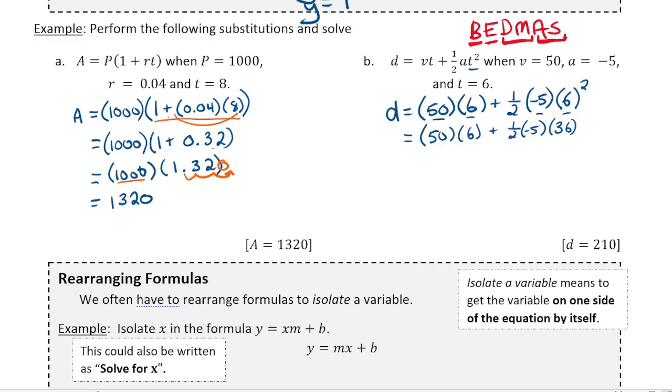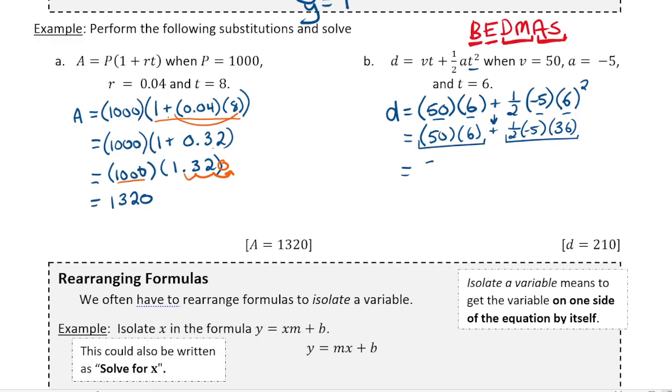So we're done exponents, so then we have division, multiplication in order. I've got a lot of multiplication. Since I have this plus separating the two halves, and I do plus last, I can do all that multiplication in the same step, but only because they're separated by this plus.